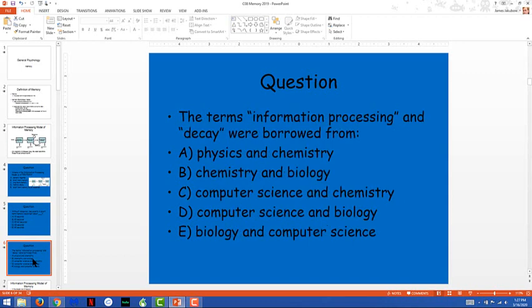Last question, and this should be a fairly easy one. The terms information processing and decay were borrowed from which areas? And that should be C, computer science and chemistry. Right, the term information processing was originally a term from the field of computer science back in the 1960s. And the word decay was borrowed from chemistry.